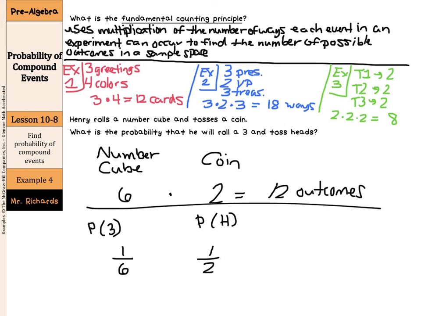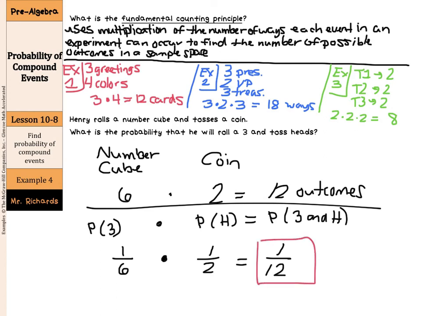And just like I can multiply 6 times 2 to determine the number of outcomes, I can take these two probabilities, the 1/6 for getting a 3 and the 1/2 for getting a heads, and I can multiply these together. Probability of getting a 3 times the probability of getting heads is going to equal the probability of doing 3 and heads. And so 1/2 times the 1/6 results in 1/12. And that is my solution.